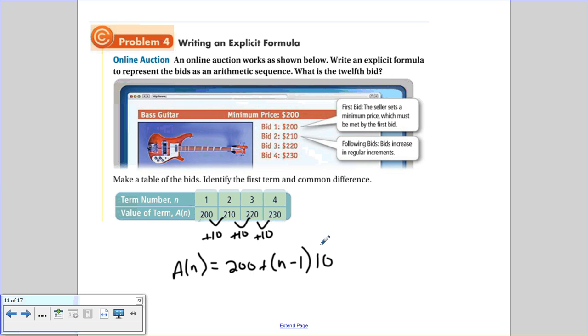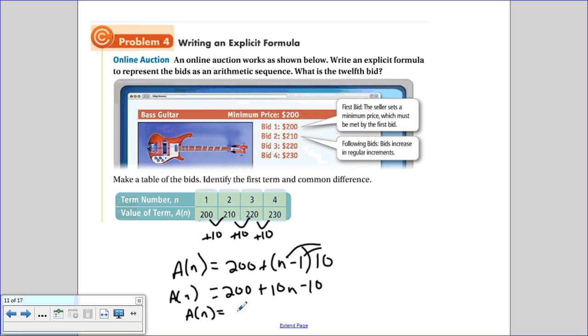Now what you do is you can go ahead and distribute this. So you would get 200 plus 10n minus 10, and you can combine like terms. In which case, you would get a sub n equals 200 minus 10.